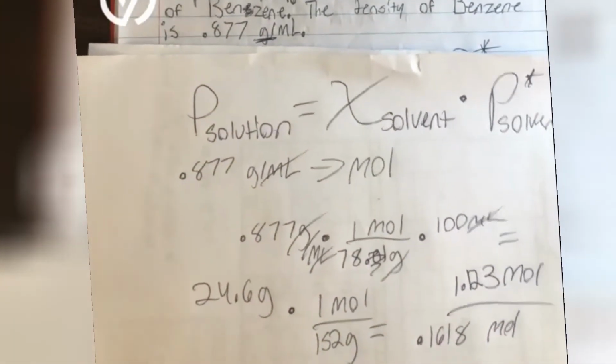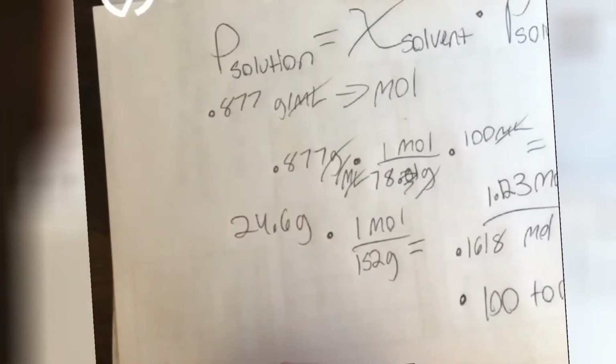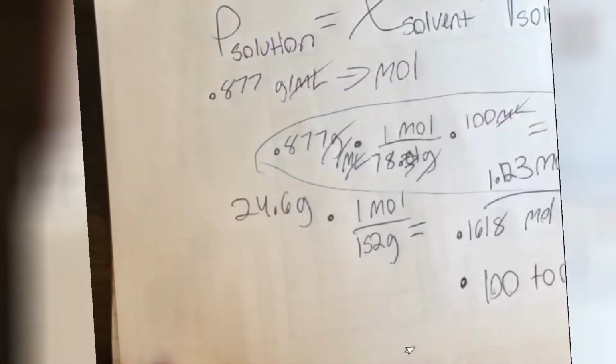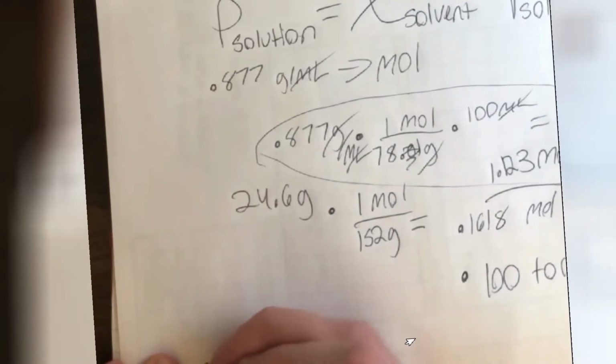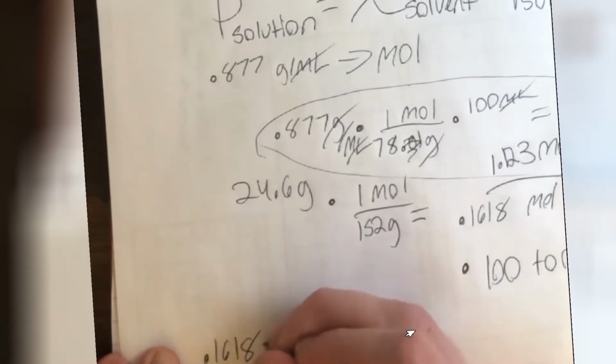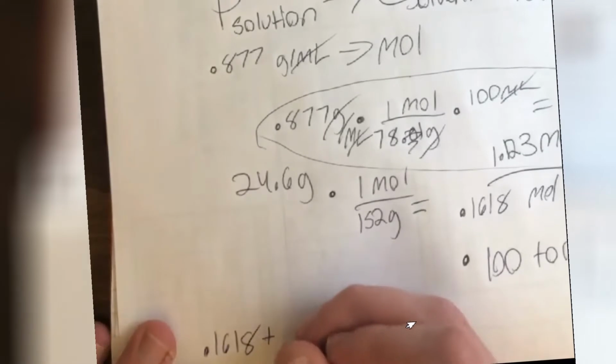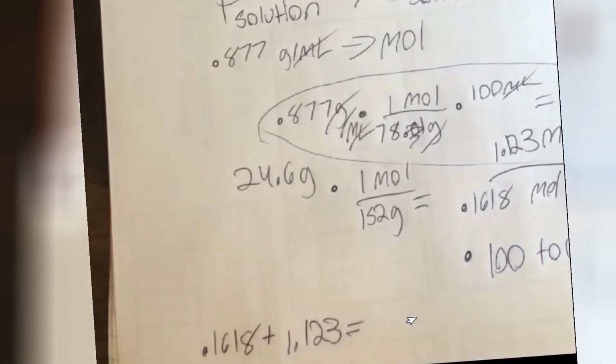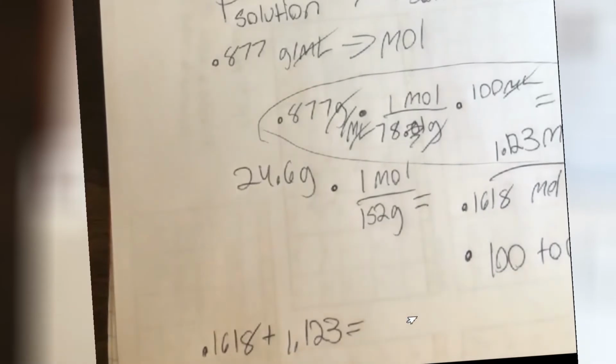Now we need the mole fraction of the solvent. How do you find the mole fraction? For the mole fraction, our solvent is going to be the benzene. So in order to do that, we will just add up the 0.1618, excuse me, plus that. See what you come out with there.